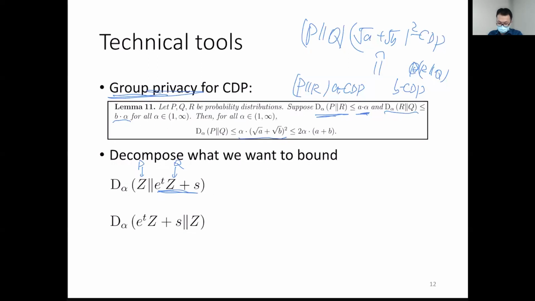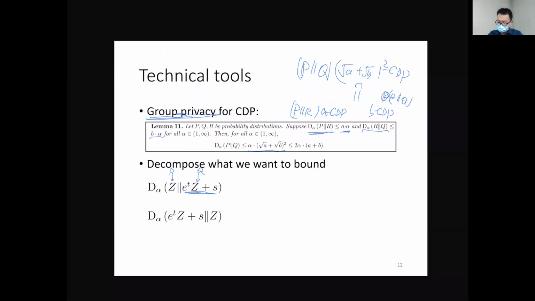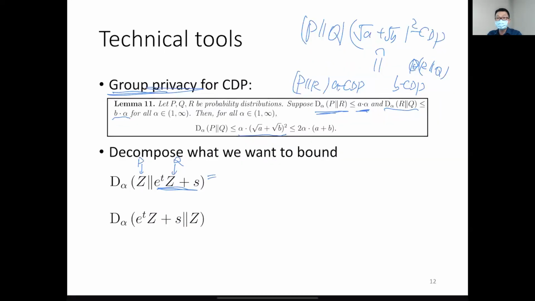So let's try applying some of the algebra of these divergences by changing the distribution slightly again. We can first move this plus S, because it's a constant, to the left hand side.